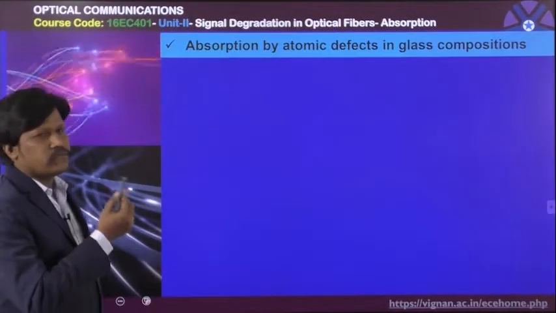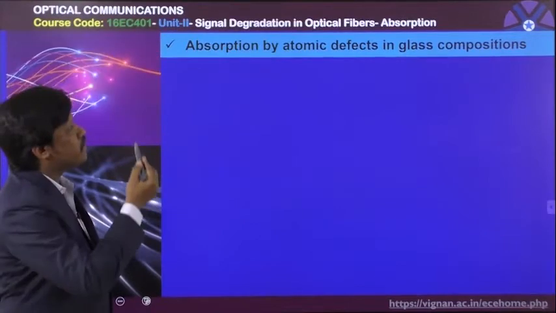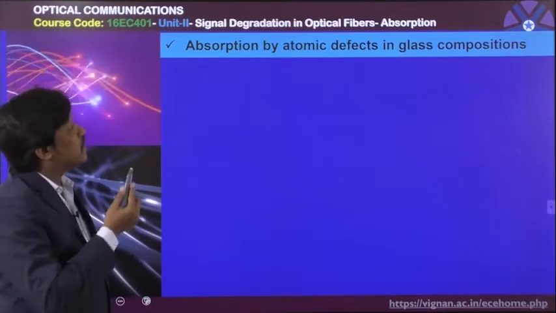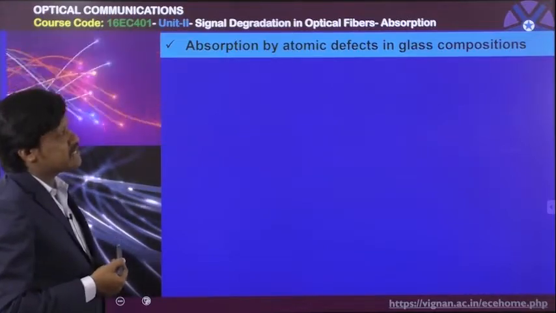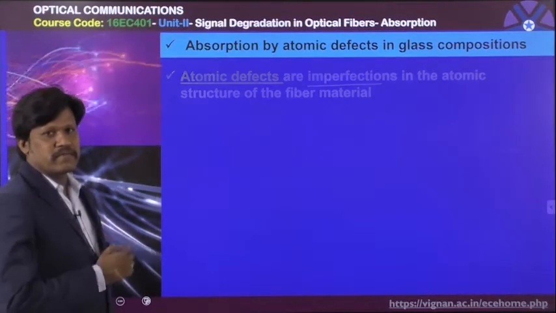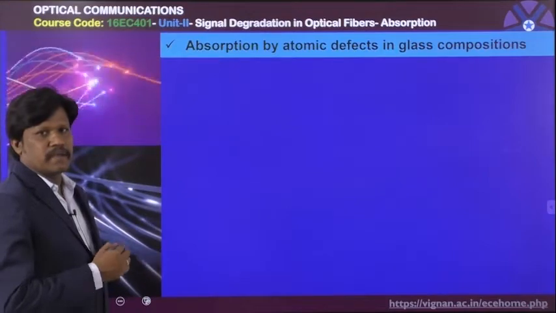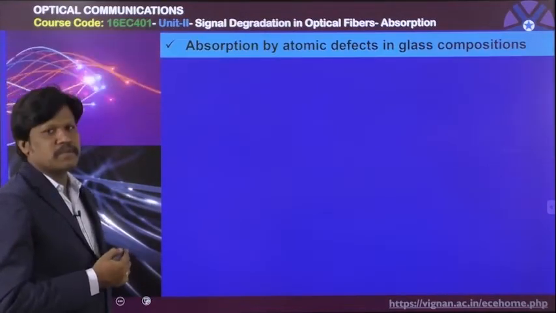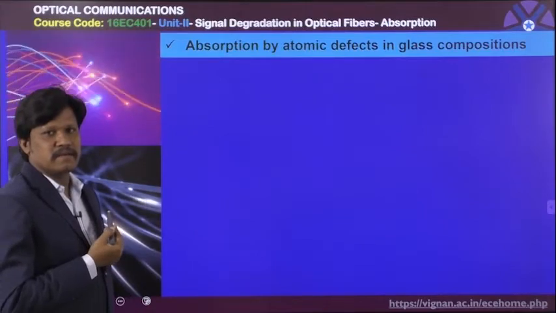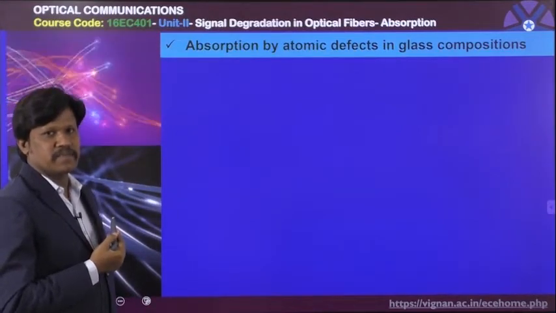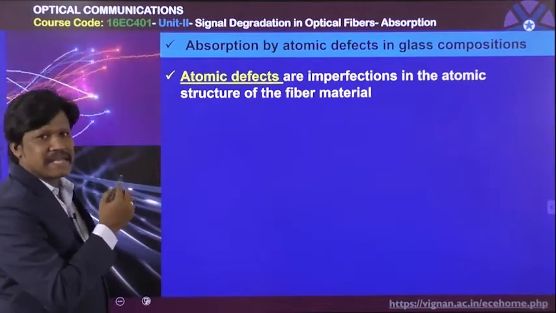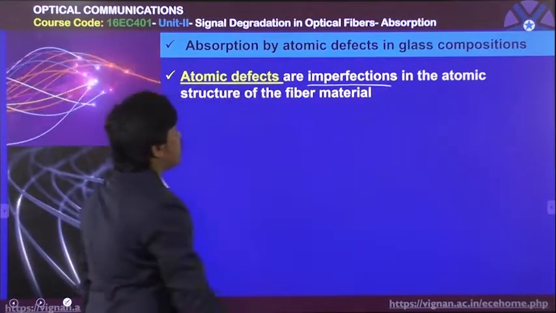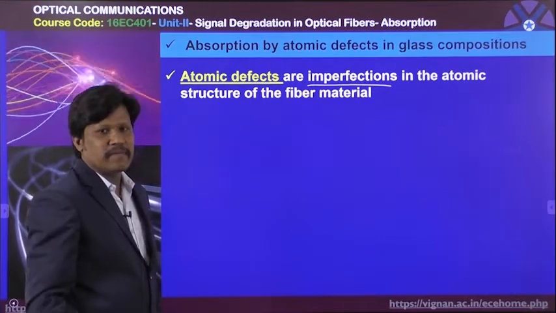First we will see absorption by atomic defects in glass compositions. These atomic defects are imperfections in the atomic structure of the fiber material.